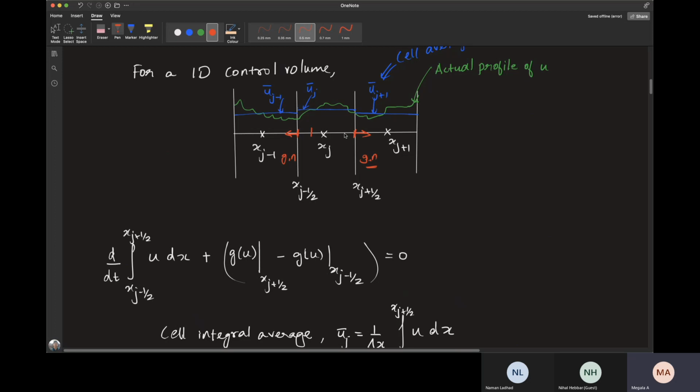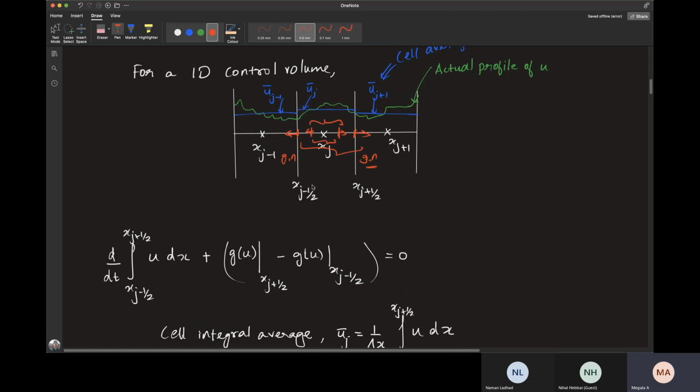That is, if you consider this length, will the rate of change of some quantity be equal to the flux at this interface? Just because you're ensuring that it happens in this big region, will it happen in this region as well?